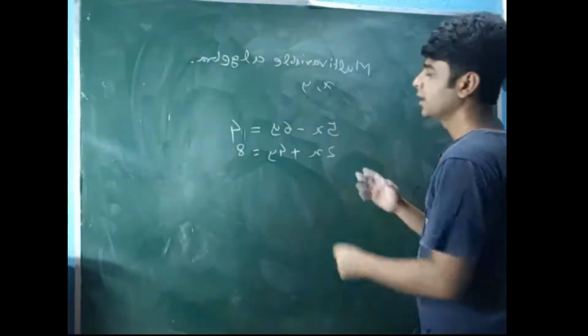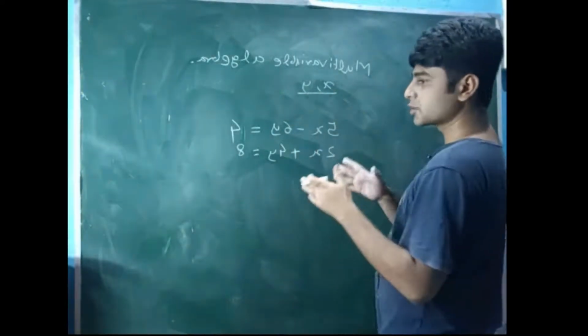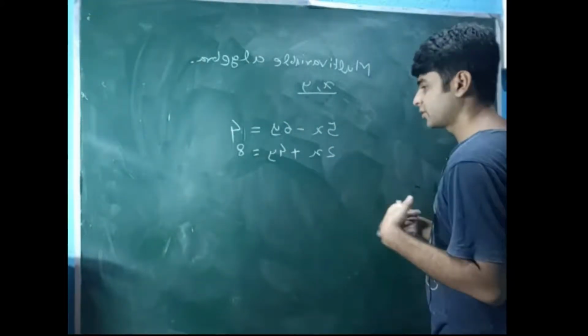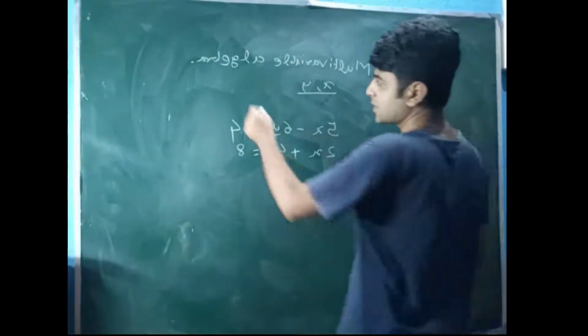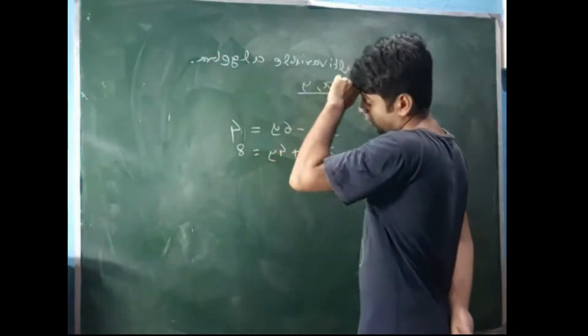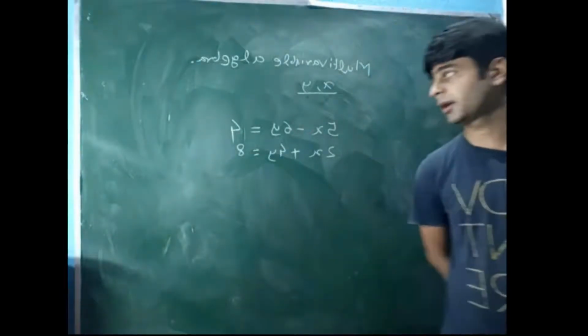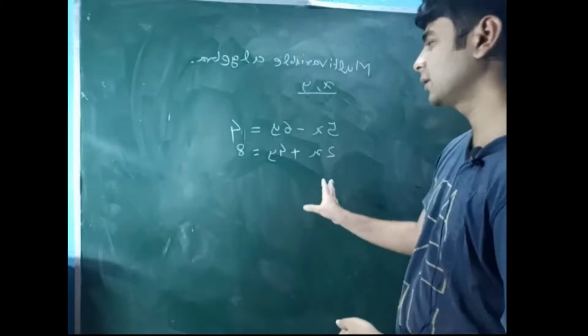For 2 variables you need a pair of equations, which means for 2 variables you need 2 equations, for 3 variables you need 3 equations. There is a rule that is a part of this, but I will make a more complicated video about it. For now, I think that's great.